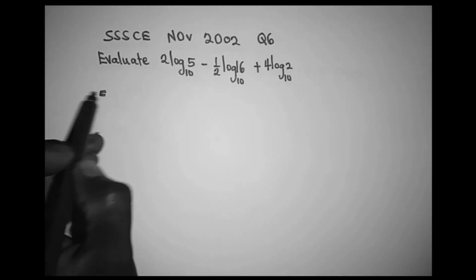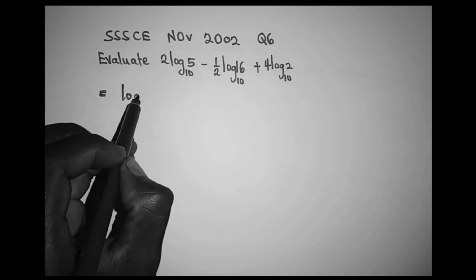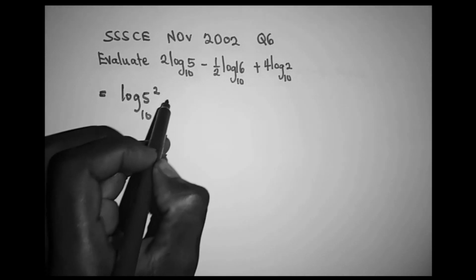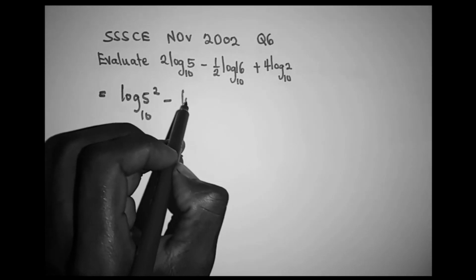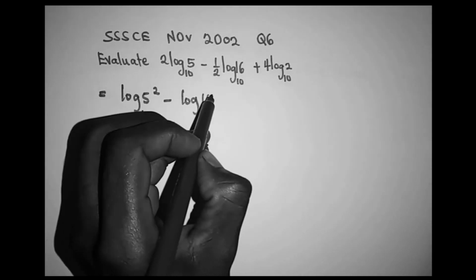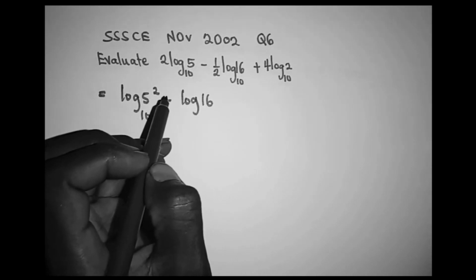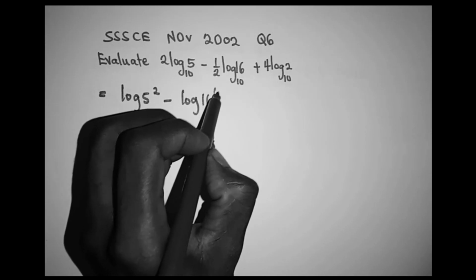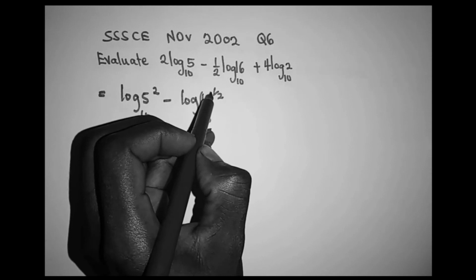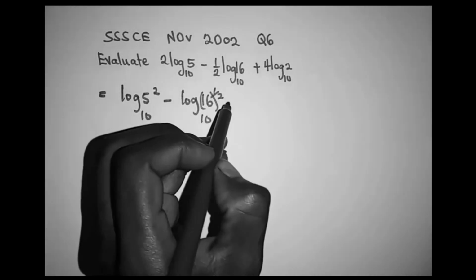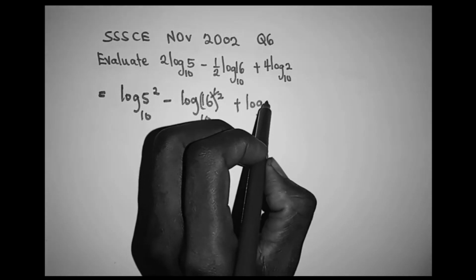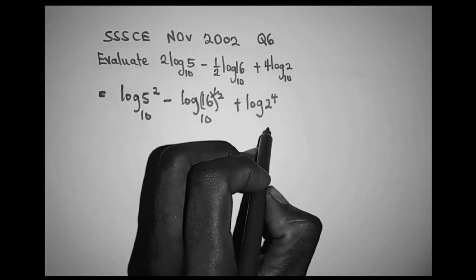So this is equal to log 5 exponent 2 base 10 minus log 16 exponent 1 over 2 base 10. So let me put the 16 in brackets, then plus log 2 exponent 4 base 10.